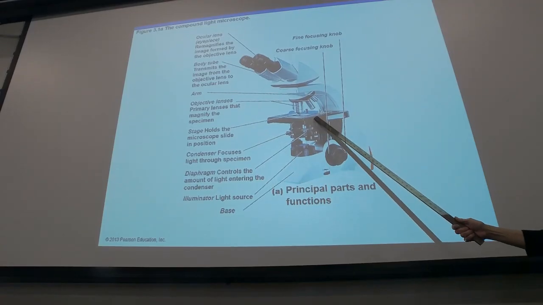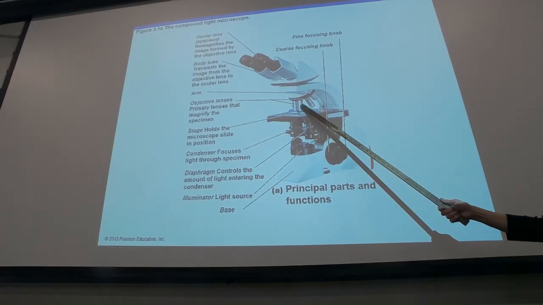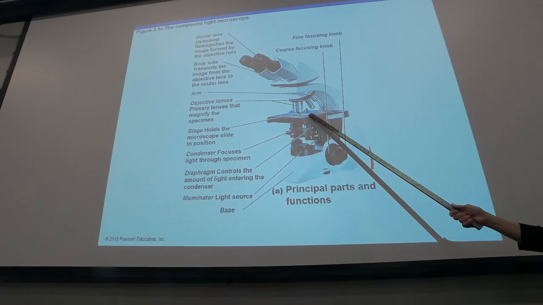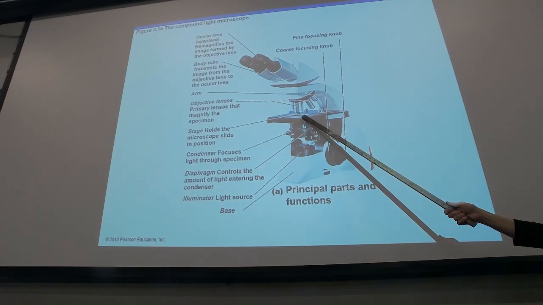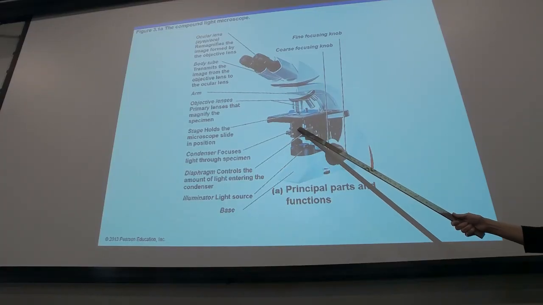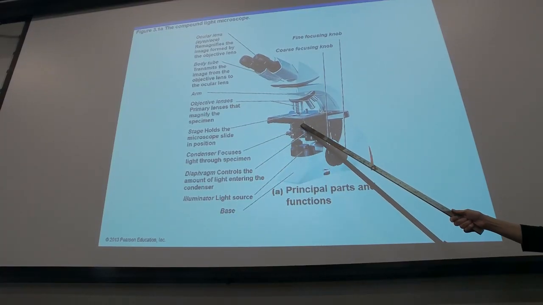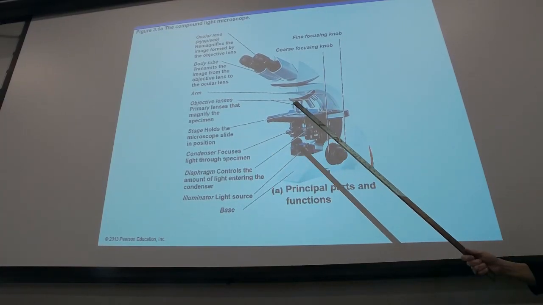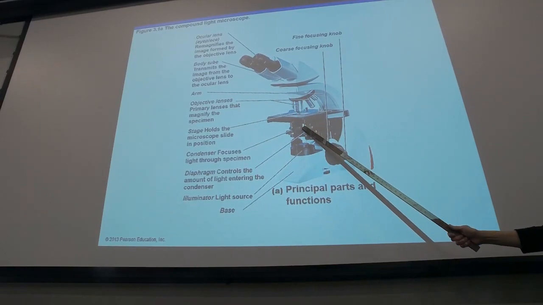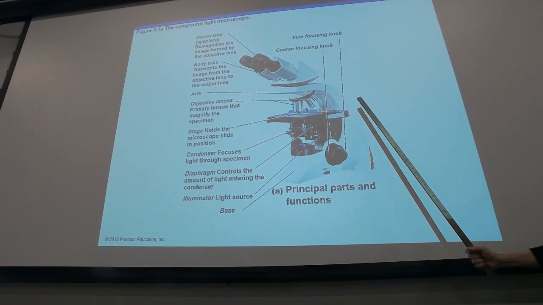And now this is a stage that has clips that hold the specimen, the slide with the specimen. And then underneath the stage, we have condenser lenses that focus the rays of light into the middle of the objective lens so that the rays of light are not lost.